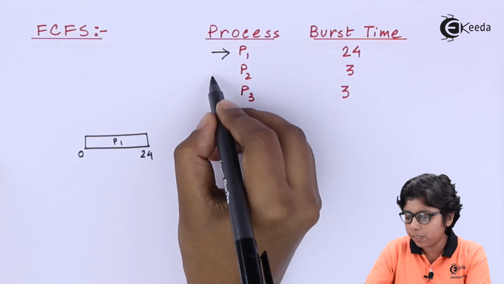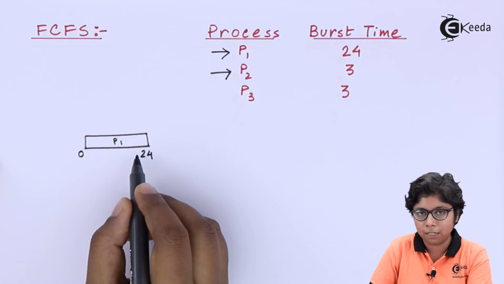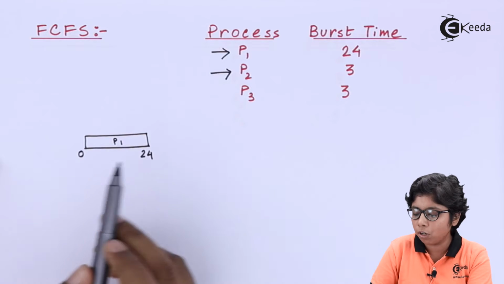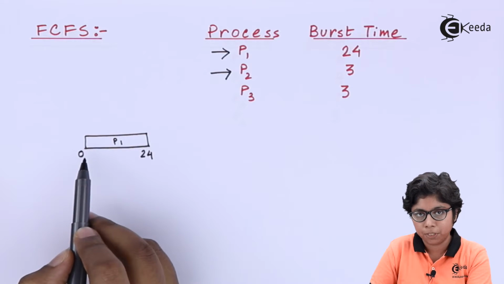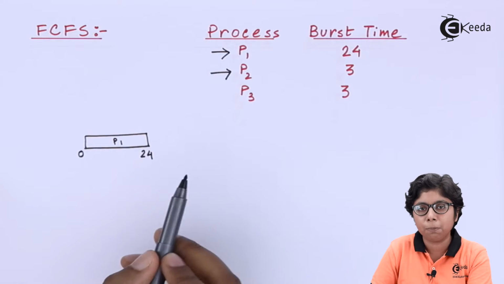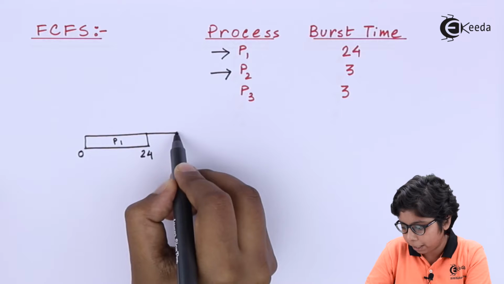When P2 arrives, its waiting time is 24 milliseconds because it has to wait for P1 to complete its execution. Now we will allocate the CPU to P2, which will take 3 milliseconds.